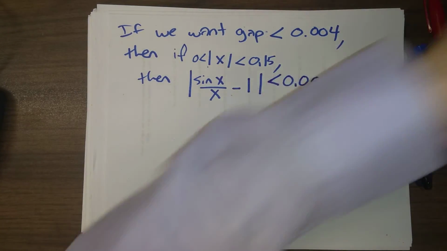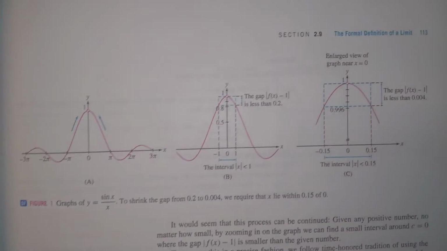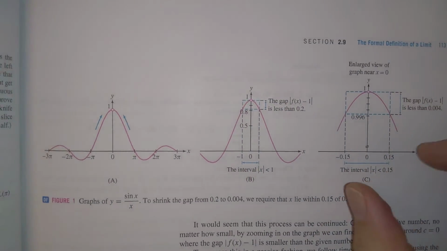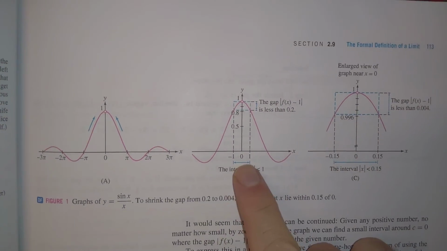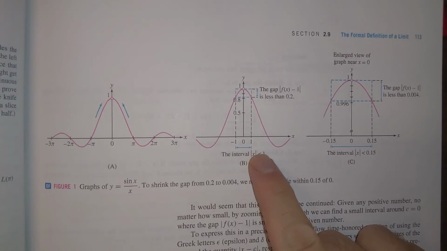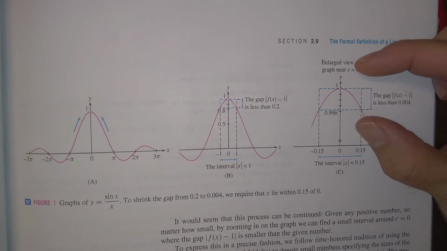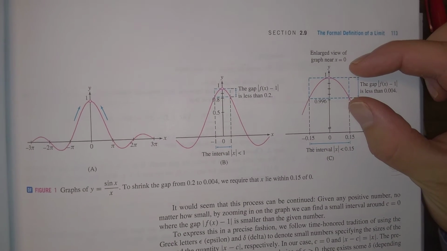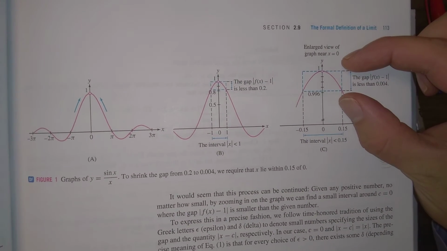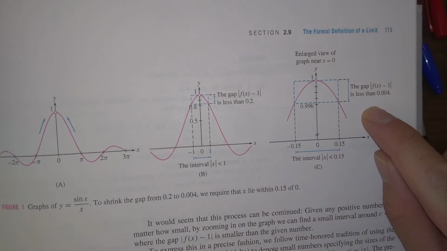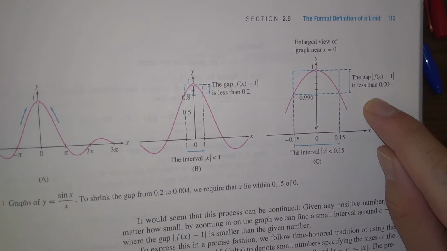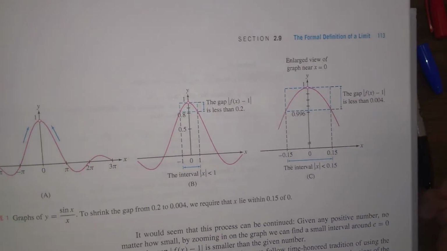So let's just see once again on the picture here. Now we're zooming in really tight. We've chopped the interval down from -1 to 1, down to -0.15 to 0.15, and now all the output values are at least 0.996, so the gap here is always going to be less than 0.004.